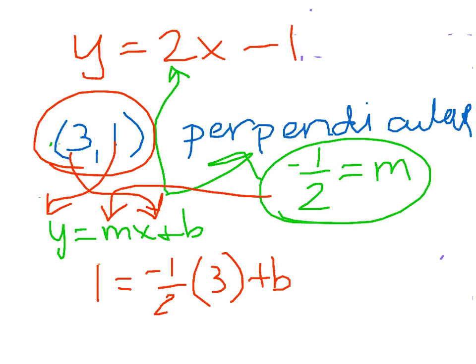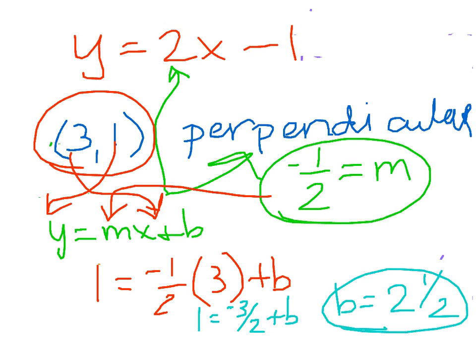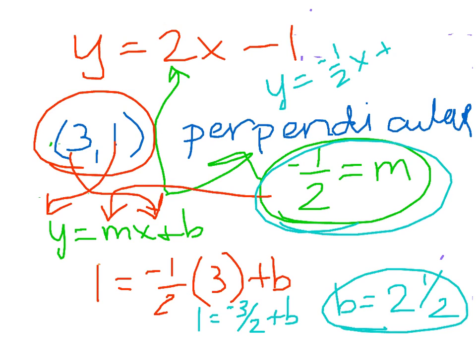So in this case, I would multiply and get 1 equals negative 3/2 plus b. So I'd add 3/2 to both sides, and I would get b equals 2 1/2. So now I know b and I know m, so the answer must be y equals negative 1/2 x plus 2 1/2.